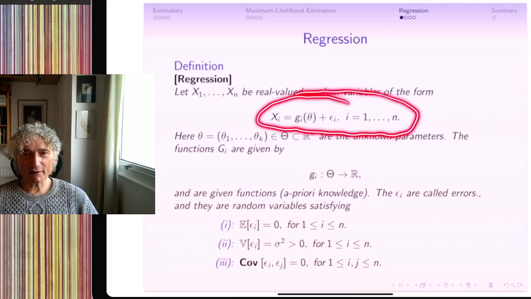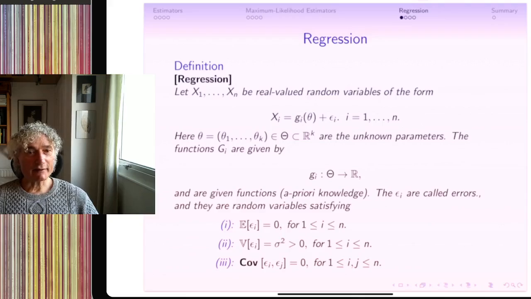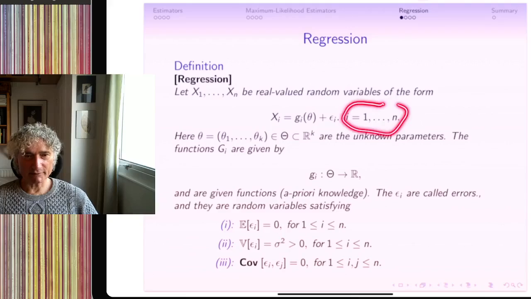The random variable is given by a function which only depends on a parameter theta, so this is g i of theta, and we have here a little error term, plus epsilon i. And we assume the same form for each of the n random variables.